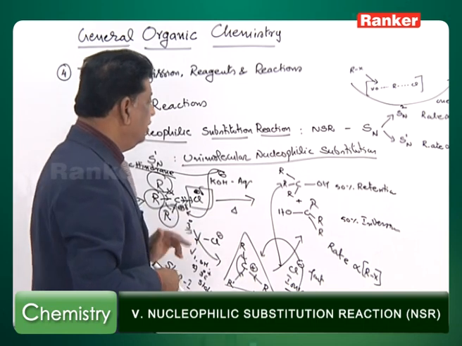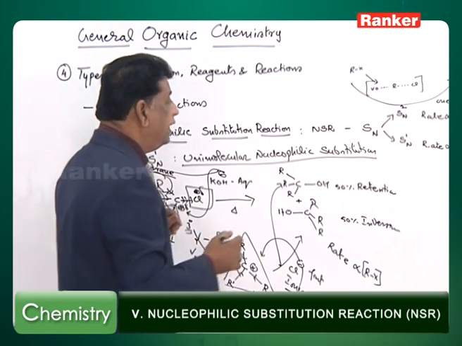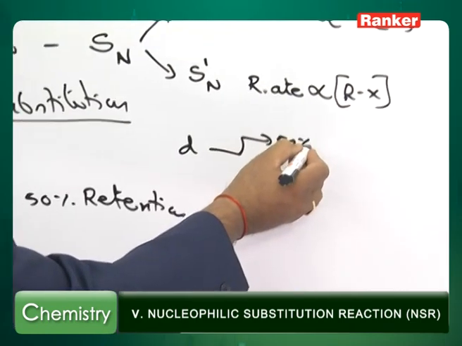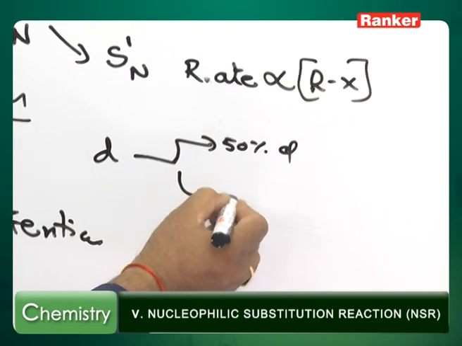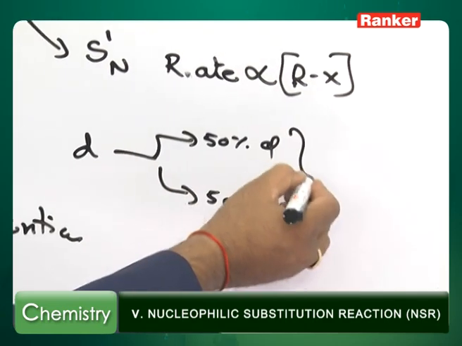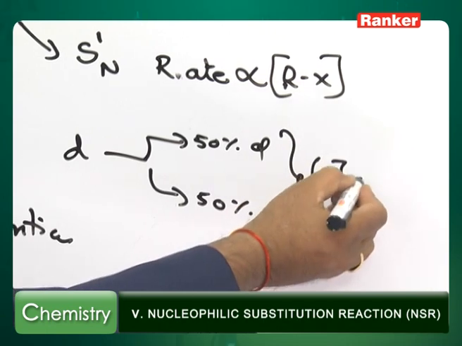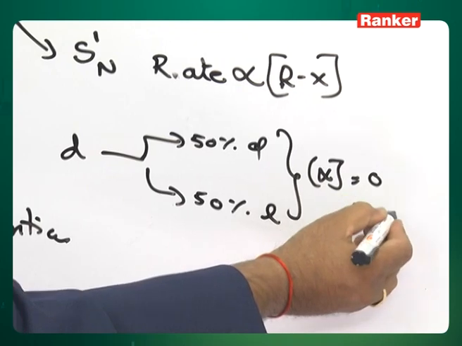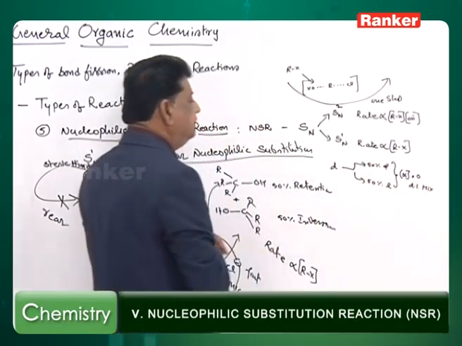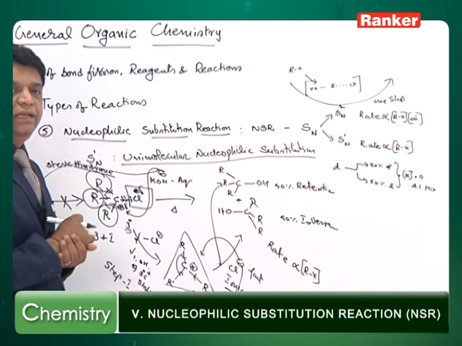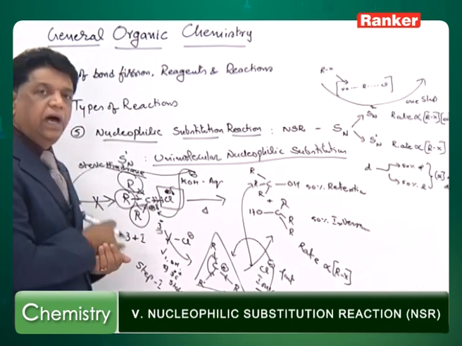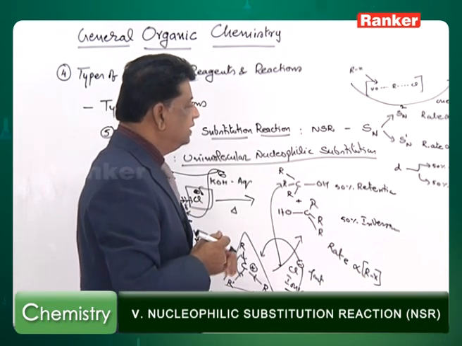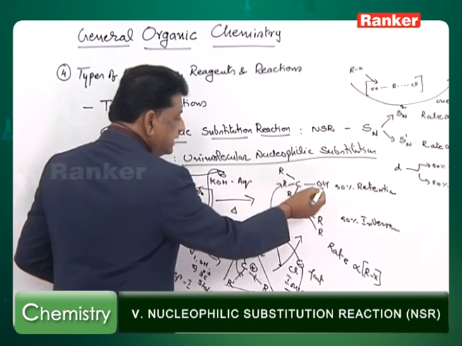And in the SN1 reaction, if a pure dextro compound is taken, then 50% will become dextro and 50% will become levo. So finally the optical activity will be 0. That means a DL mixture is formed, whose optical activity is 0, called a racemic mixture. Whether you take dextro or levo, if you take a pure compound, you are going to get two products which are exactly mirror images.